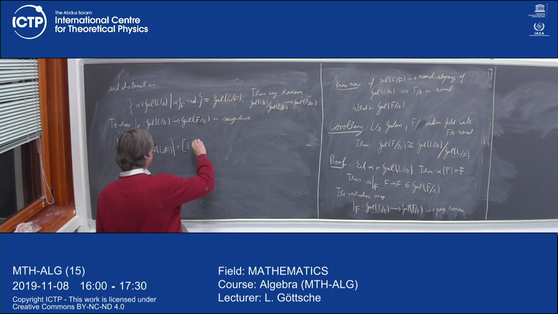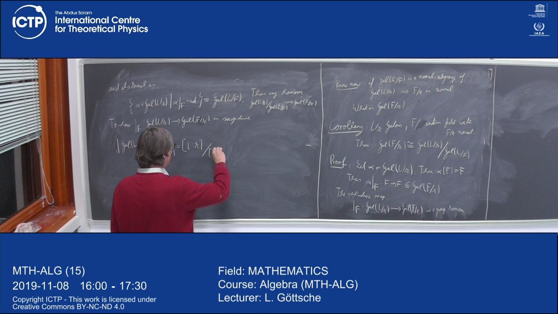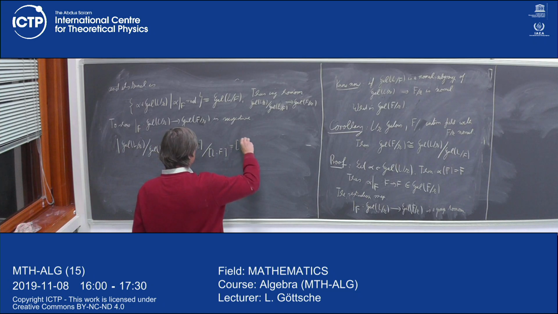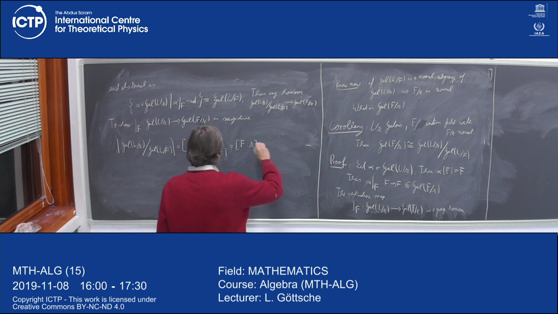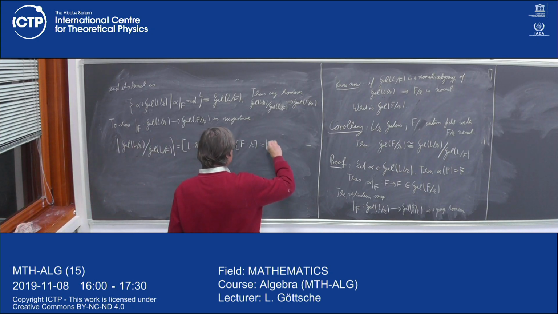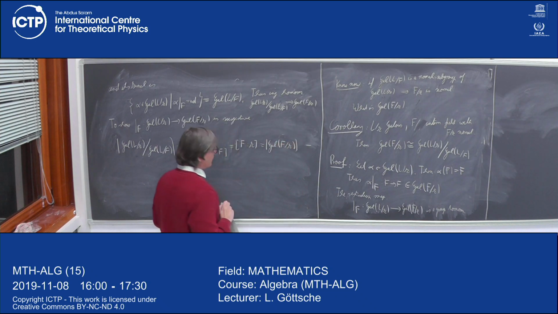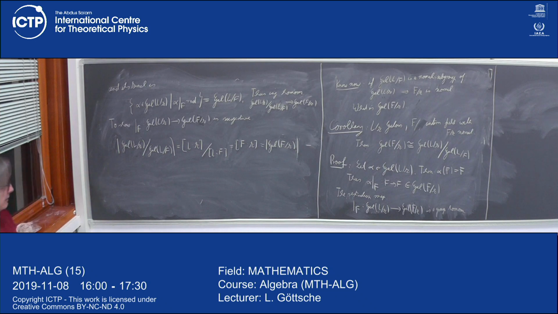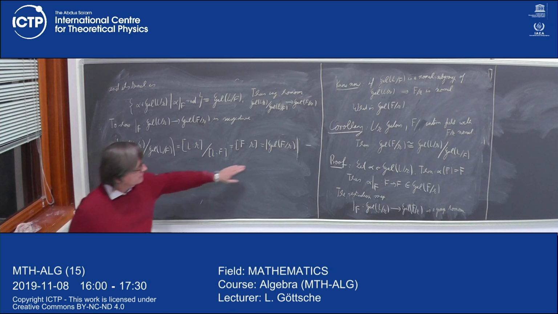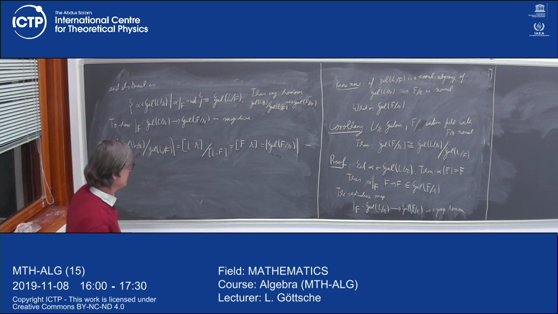So this is L over K divided by L over F. And by the degree theorem, this is just the degree of F over K. And as this is a normal extension, this is the number of elements in the Galois group of F over K. And so we therefore see that these two sides have the same number of elements, so this injective map must be surjective.